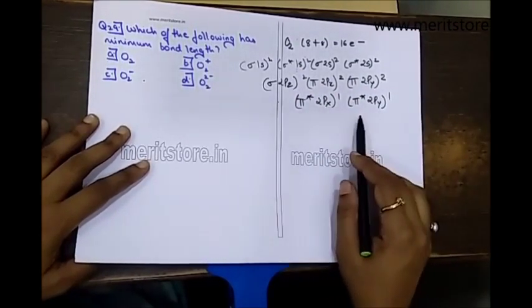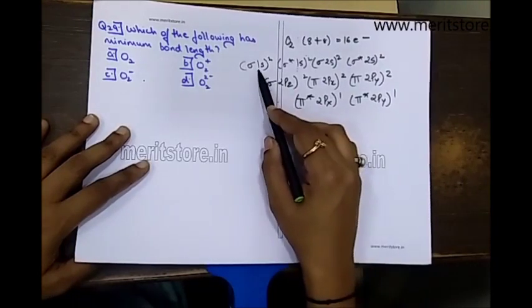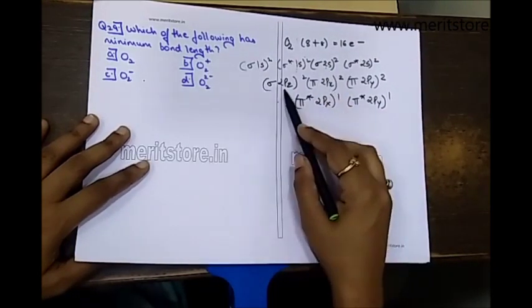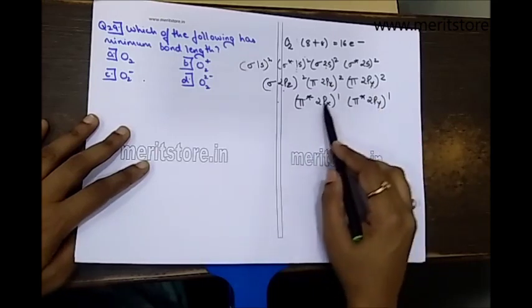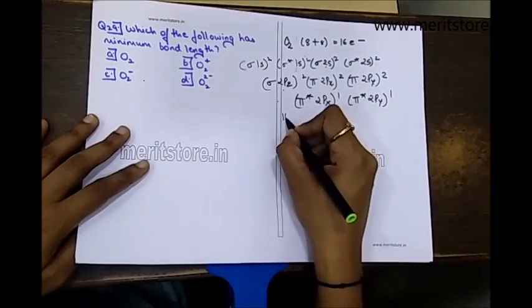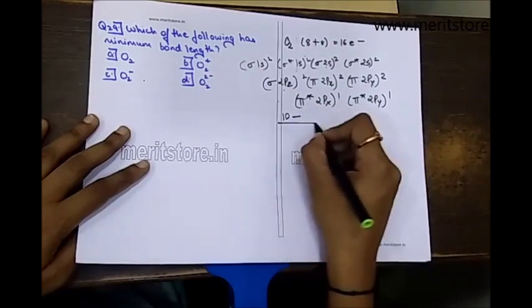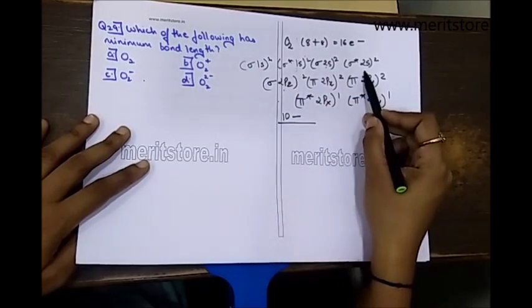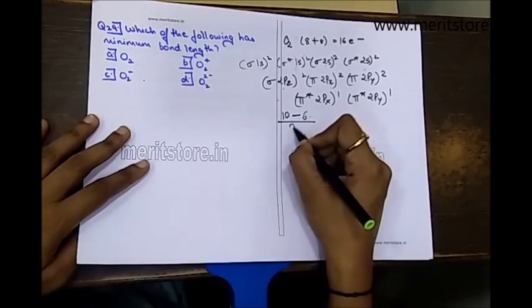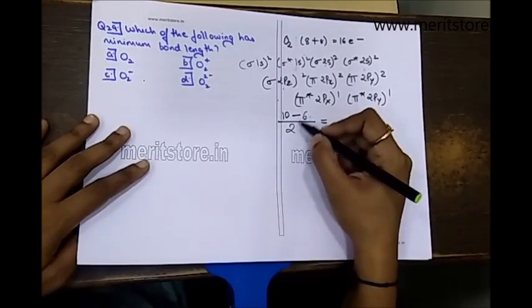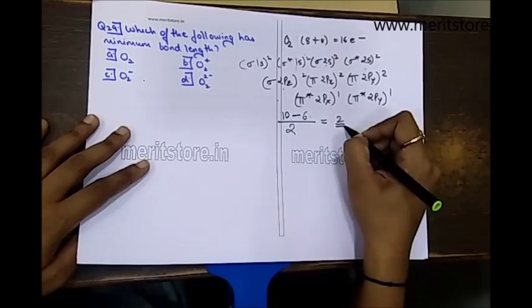In all, 2 plus 2 is 4, plus 2 is 6, plus 2 is 8, plus 2 is 10, so we have 10 bonding electrons minus antibonding 2 plus 2 is 4, plus 2 is 6, divided by 2, so it's 4 divided by 2, that equals 2.